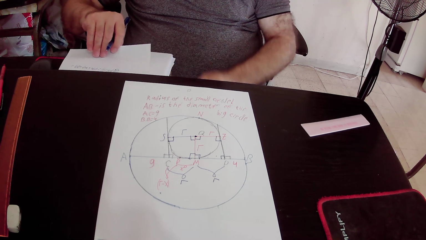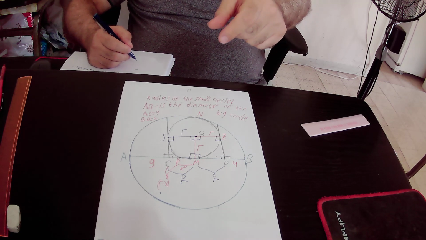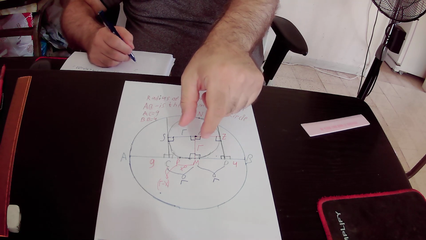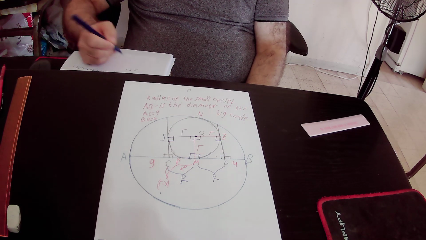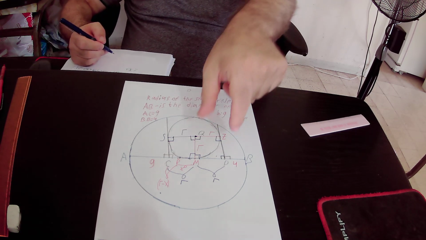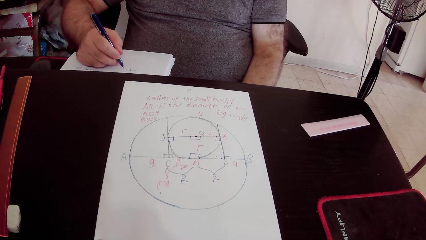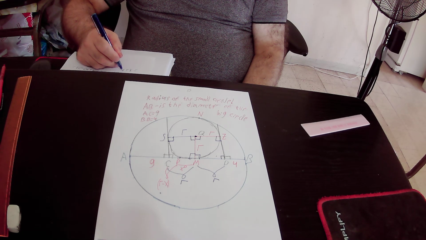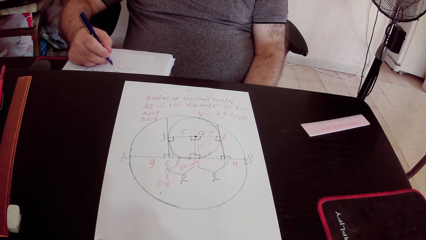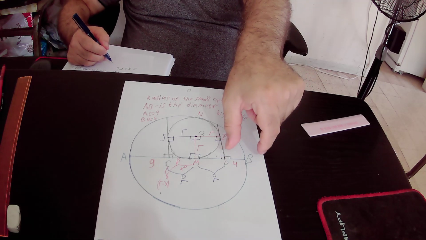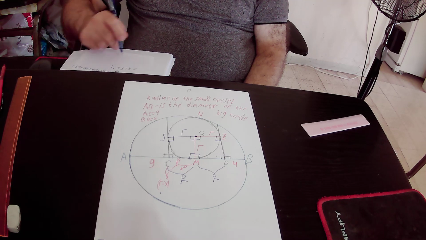But what is the value of PM? PM equals x according to our definition, and MP is the radius of the small circle, small r, and DB equals 4 units according to what is given in the question.